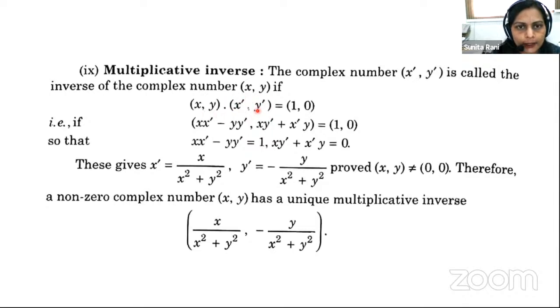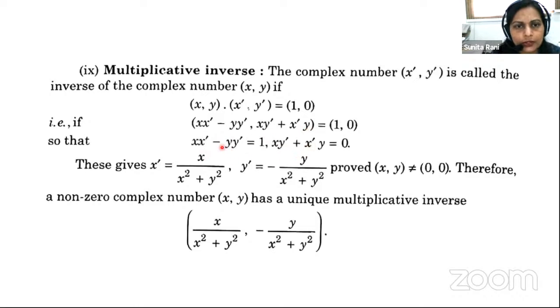First, multiply these terms. After multiplication of x plus iota y and x dash plus iota y dash, the real part is x x dash minus y y dash, and the imaginary part is x y dash plus x dash y. This is equal to (1, 0). Compare the terms: first term is equal to 1, and second term is equal to 0.